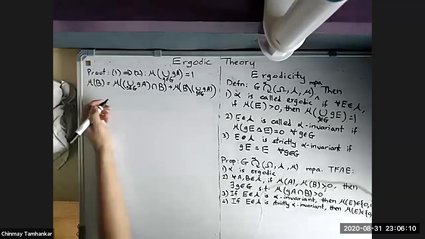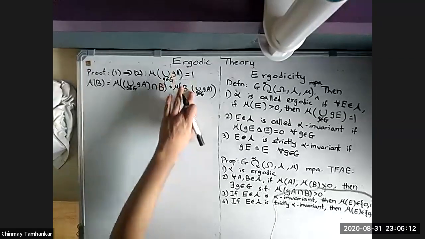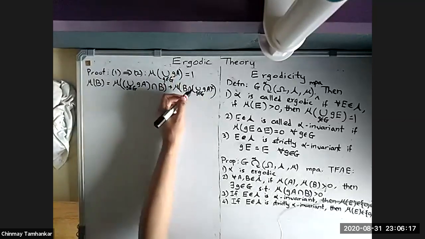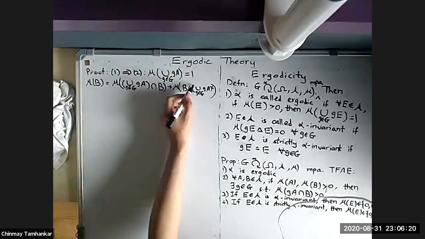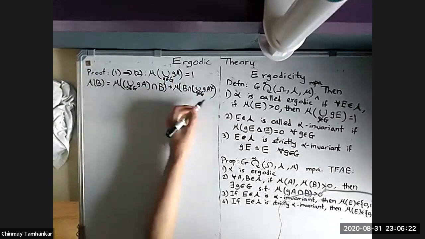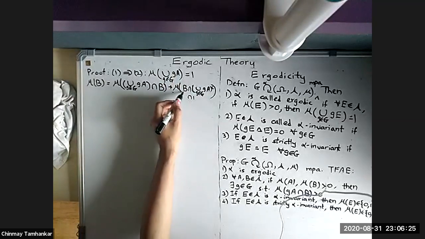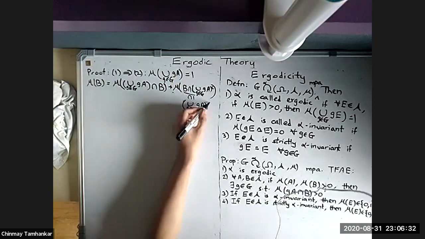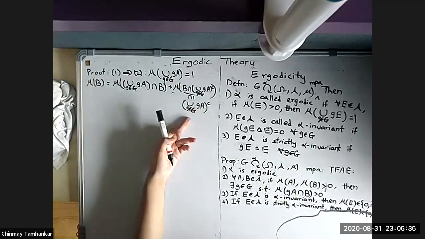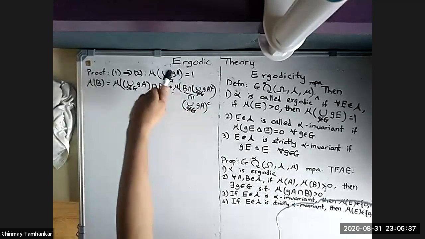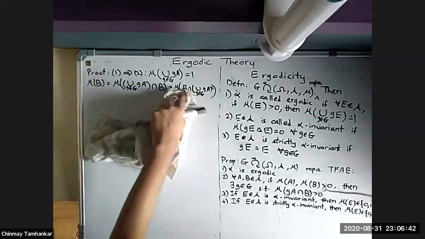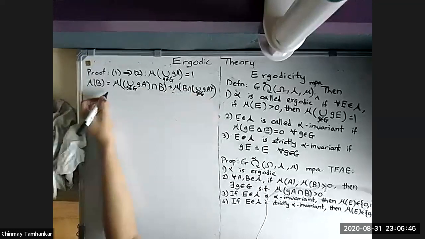I'll just say B intersection this thing's complement. But this second set is a subset of the complement of the union over G in G of GA, and hence its measure is 0, because the measure of the union is 1. So the measure of this second set is 0.